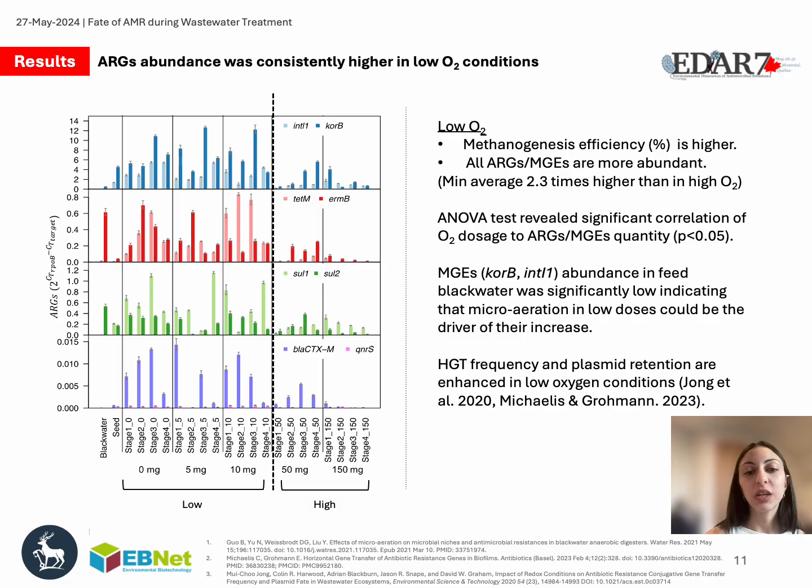And the mobile genetic elements abundance in the feed black water was significantly low, indicating that microaeration in low doses could be the driver of their increase. In literature, it was shown that horizontal gene transfer frequency and plasmid retention are enhanced in low oxygen conditions.